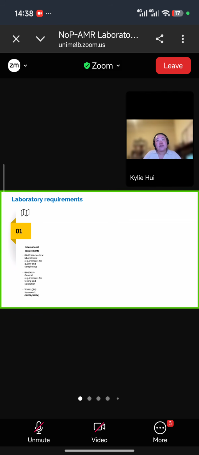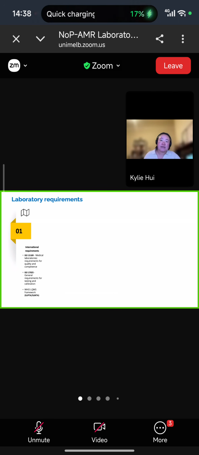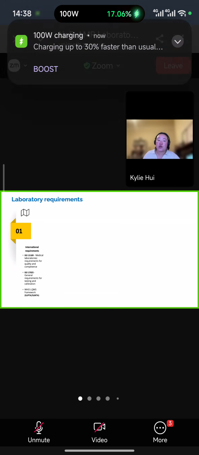Some of you will be very familiar with ISO 15189, which is the medical laboratory requirements, and this is mainly for quality and compliance. There's also 17025, which is for general requirements and testing, particularly calibration. And some of you may have heard of SLIPTA and SLIMTA as well, which is a WHO LQMS framework.